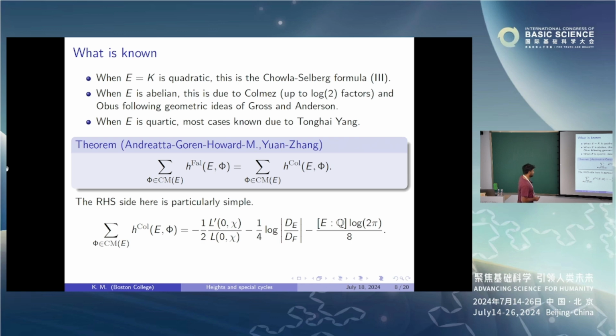It somehow only involves one L function. Now it's a very simple one. It's an abelian L function for the quadratic extension E of its totally real subfield F. Okay, so sort of hard to get simpler than this. And the rest of them are just the discriminant and so on.